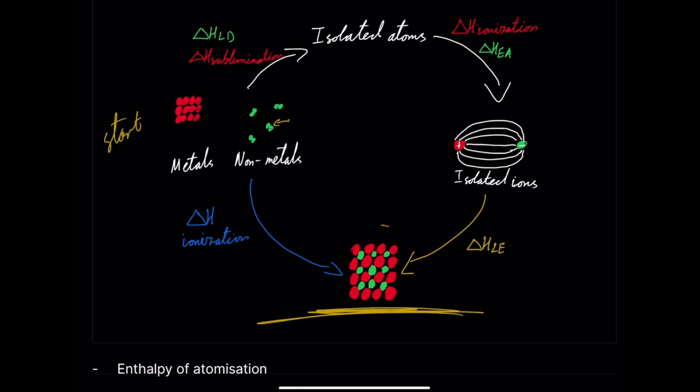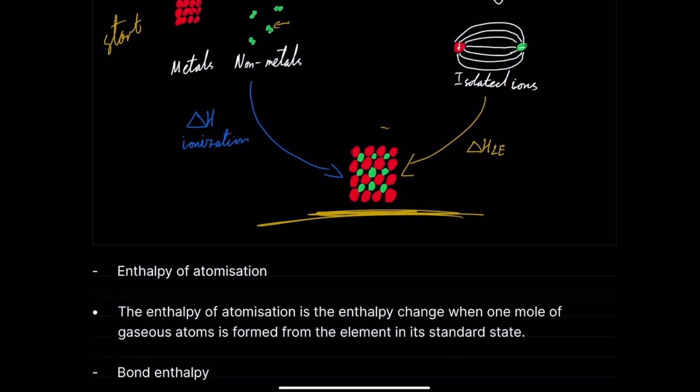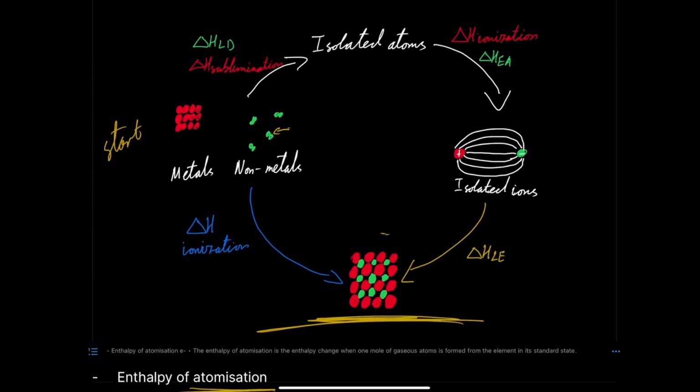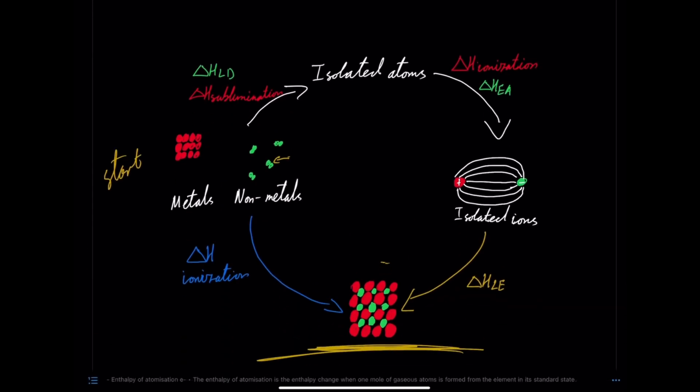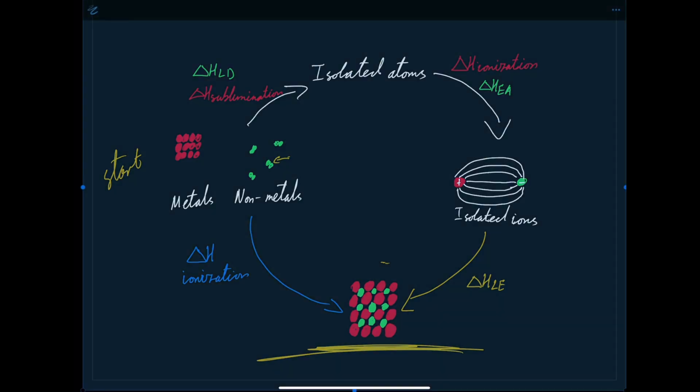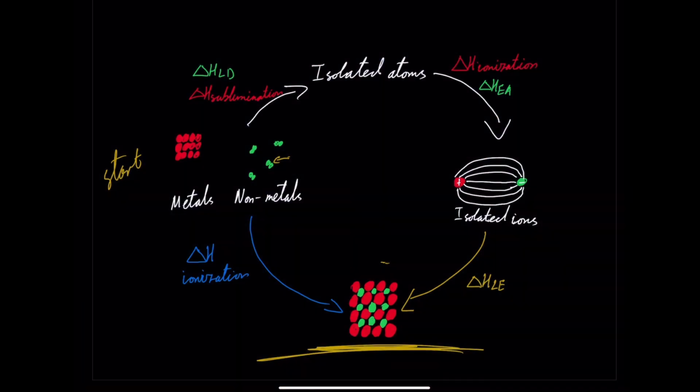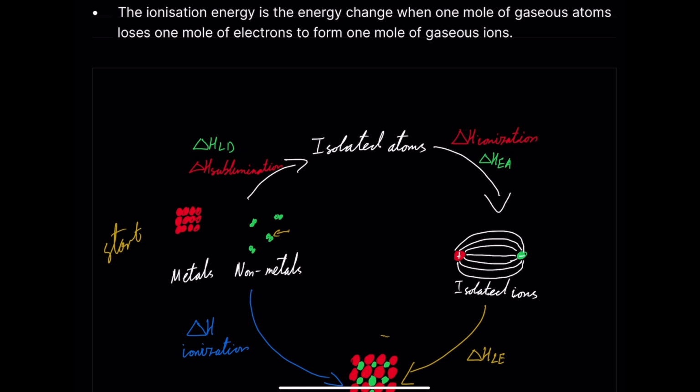This process of metals being broken down into gas, subliming them into the gas, and all we're trying to do is the enthalpy of atomization, where we separate the atoms by themselves, because Cl2 is not atomized. Although it's in the gas phase, it's still two chlorine atoms.